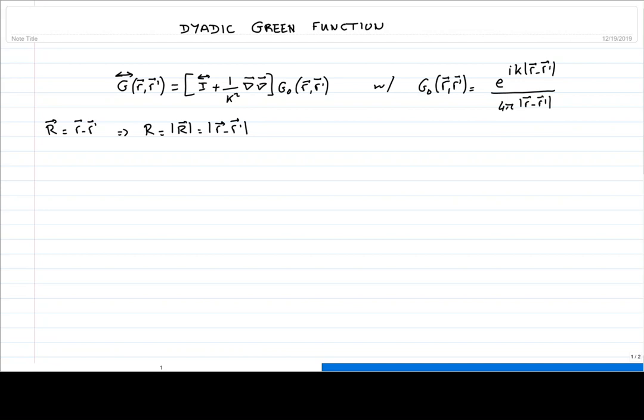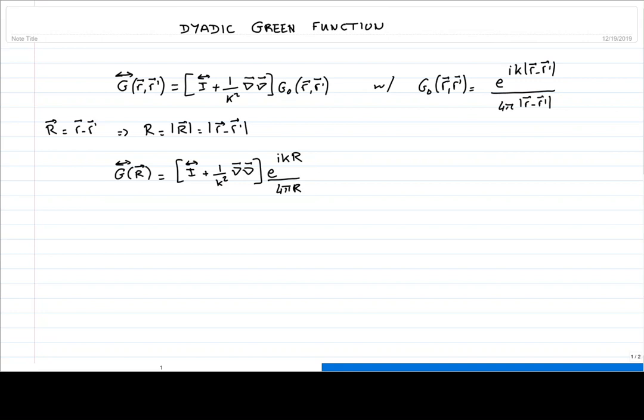So let's rewrite this green tensor as a function of the vector capital R. That's going to simplify a lot of things. We have this expressed as the unit tensor plus 1 over k squared gradient of the gradient, applied to the scalar green function, which is exponential ikr over 4 pi r.